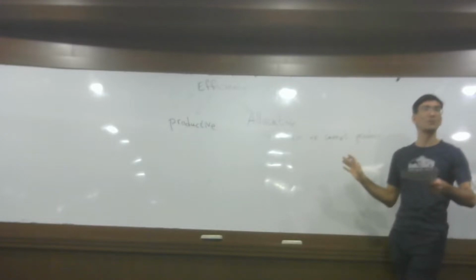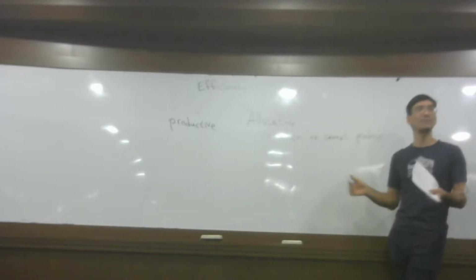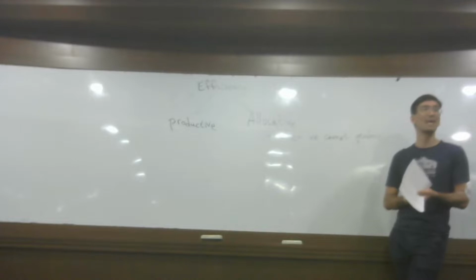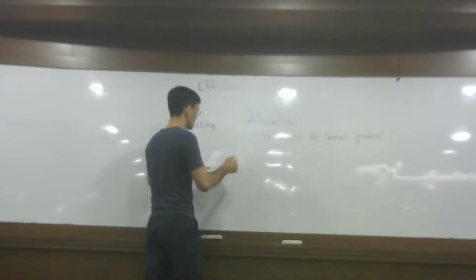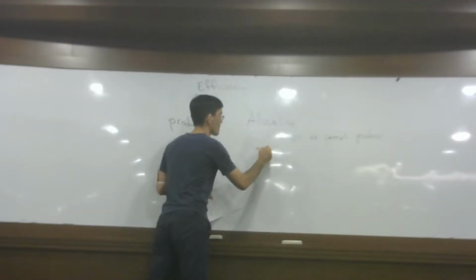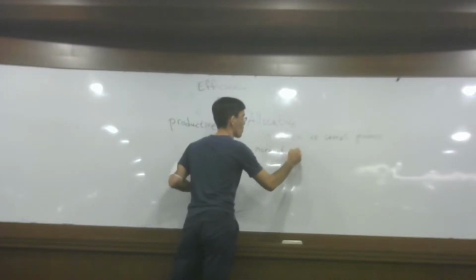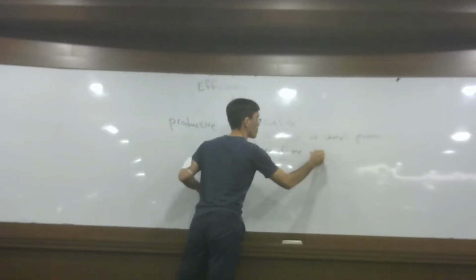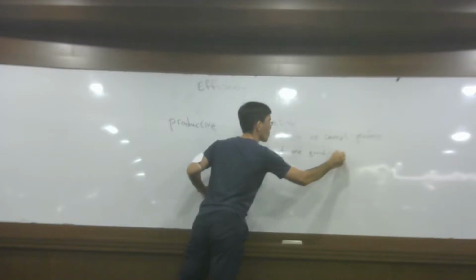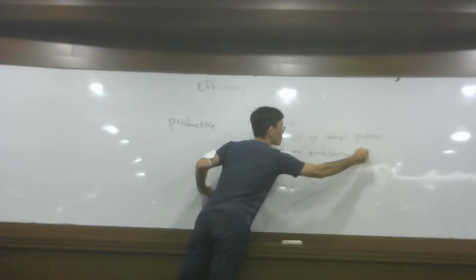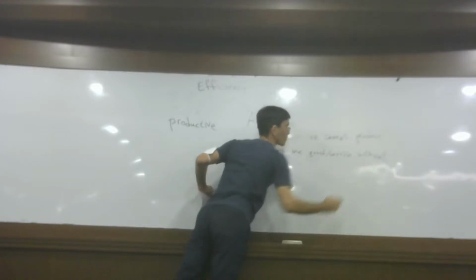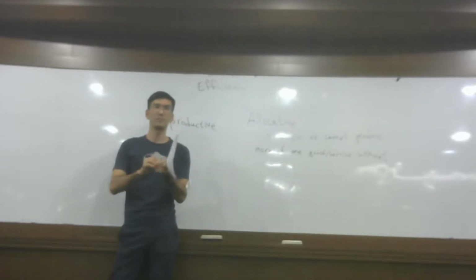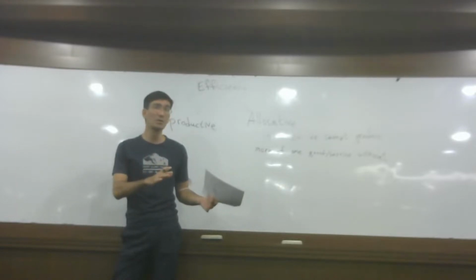If it's hard to read on the board, I'm reading it out. Allocative efficiency is achieved when we cannot produce more of one good.